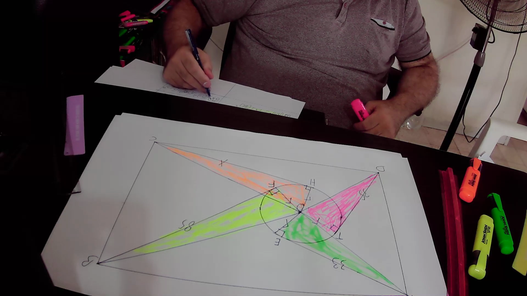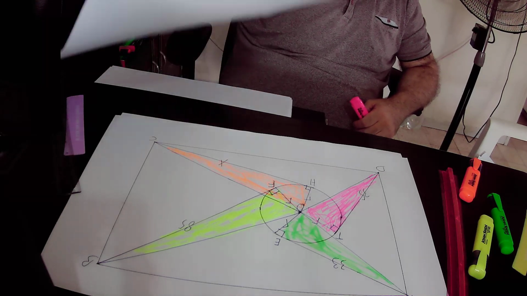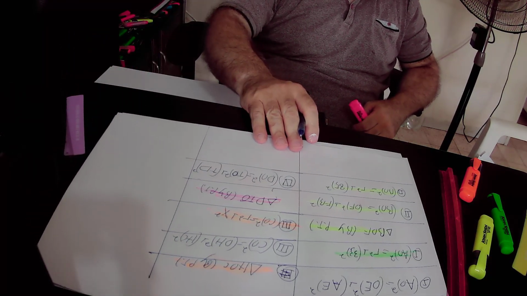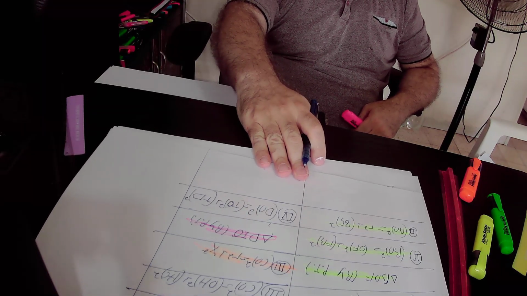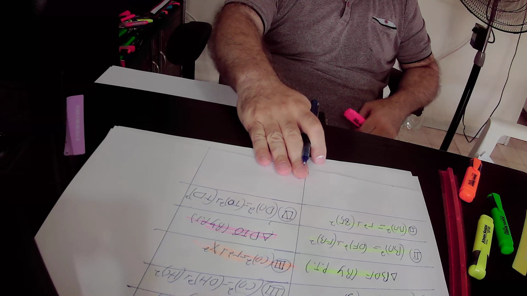Repeat again. In the pink right triangle, triangle DTO, DO square equals TO square plus TD square.